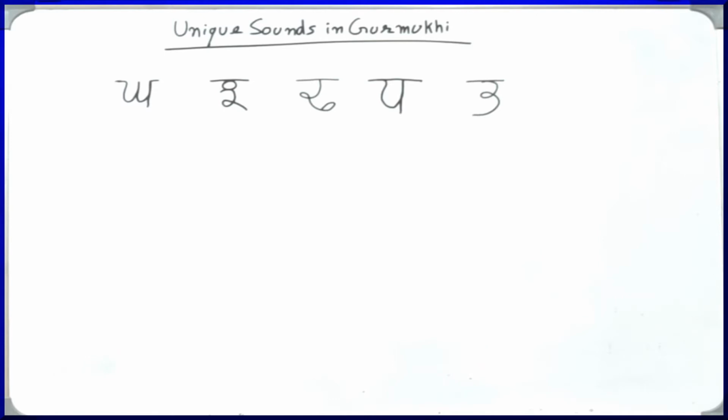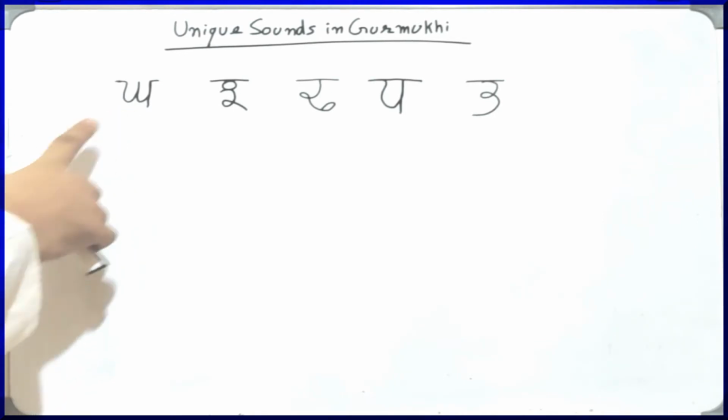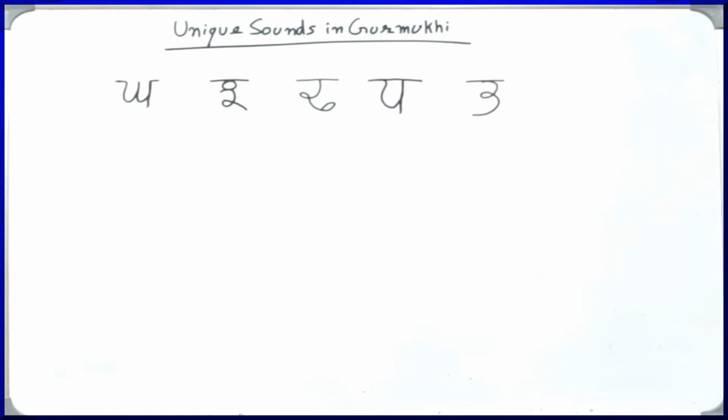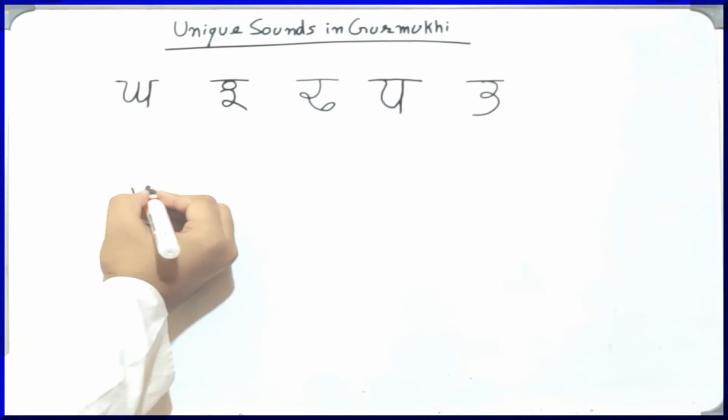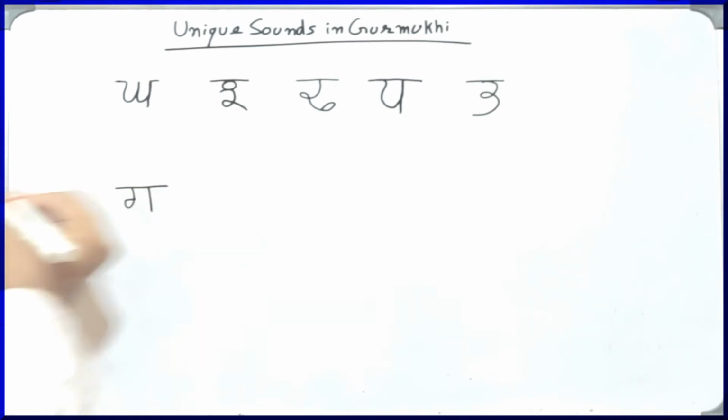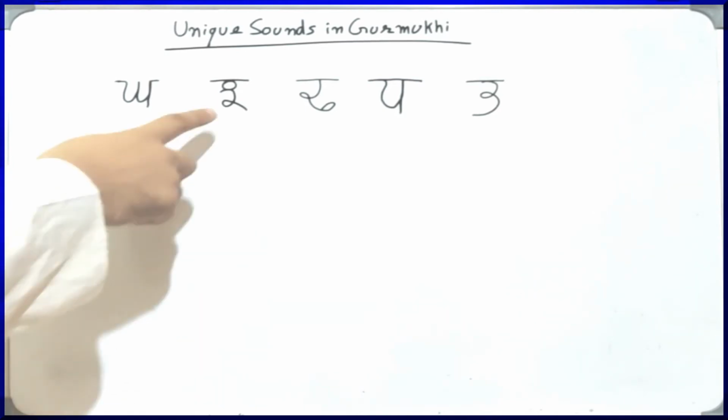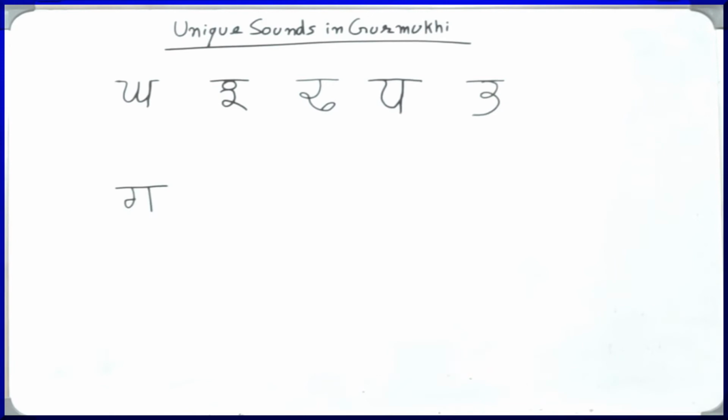Before giving the examples, let me give the corresponding sounds or letters which exist in Devanagari Lipi or in English. We will understand it in a better way when we have the examples. So before Kagga, I will be having Gagga in Gurmukhi. Before Chajja, I will be having Jajja.